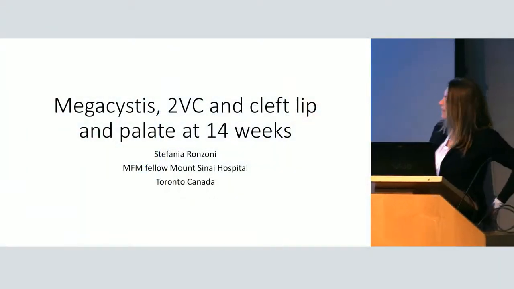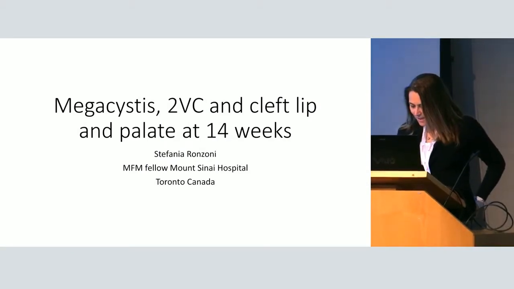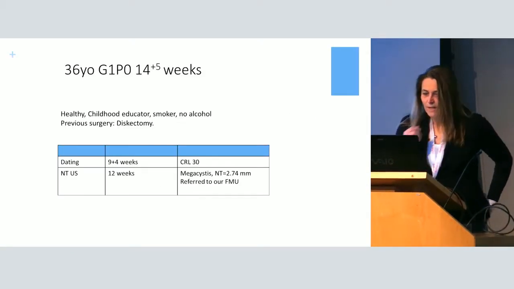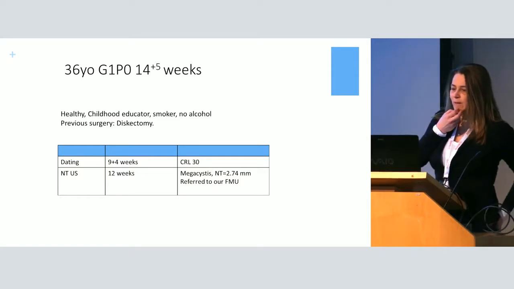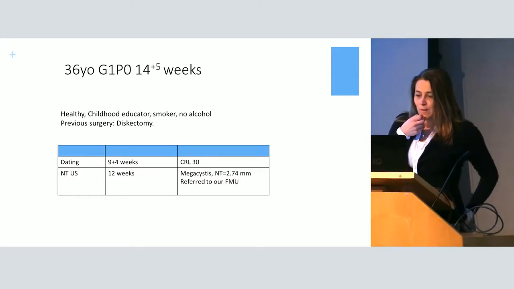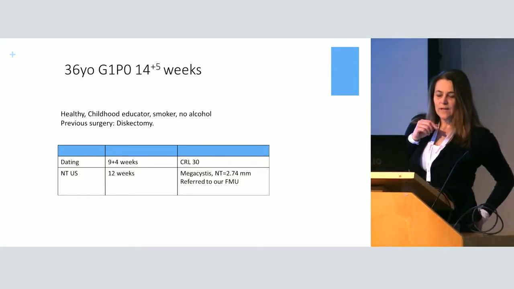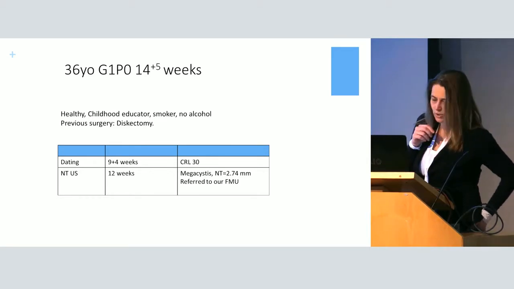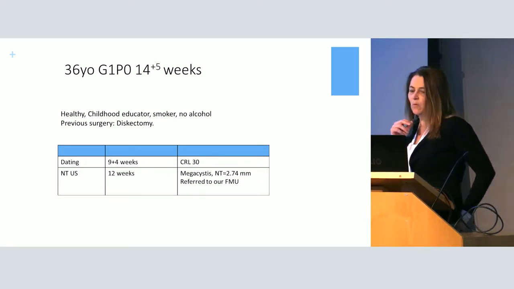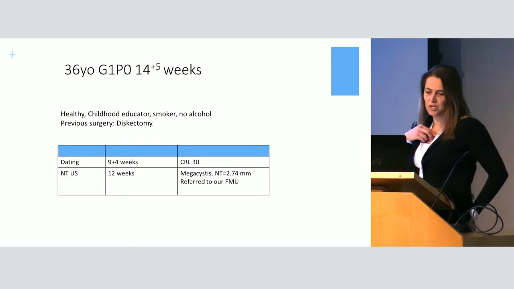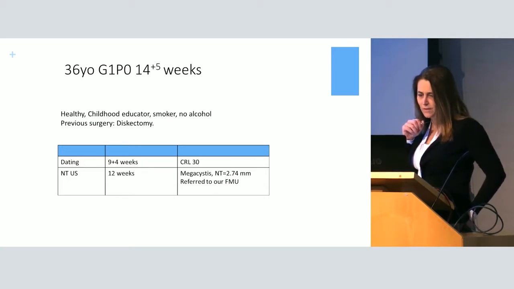Okay, this is a case of megacystis. It is a 36-year-old woman, first pregnancy, who came to Mount Sinai Hospital at 14 weeks and 5 days. She's a healthy patient with no habits and no significant history.